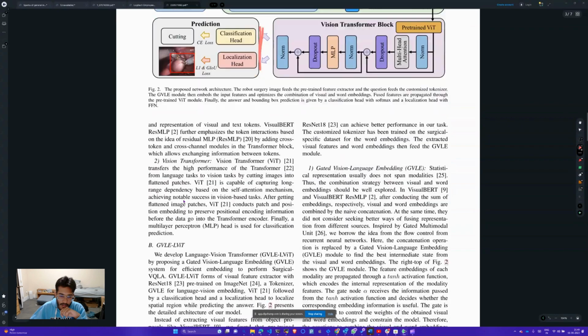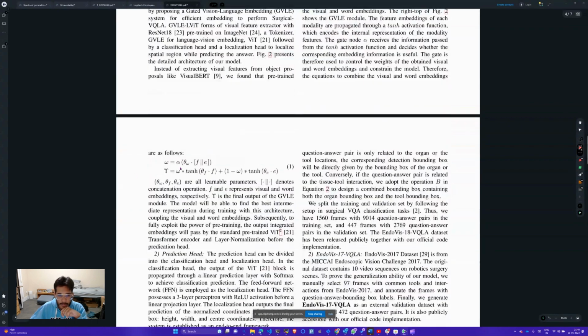So in a sense, this is their method. And going through the maths, this is a concatenation of the features, and the F here is, I think, the visual embeddings, and E is the word embeddings. Theta W, theta F, theta E, all these are learnable parameters. The W is sort of the gate, right?